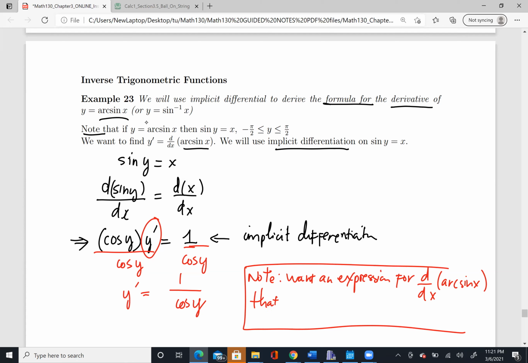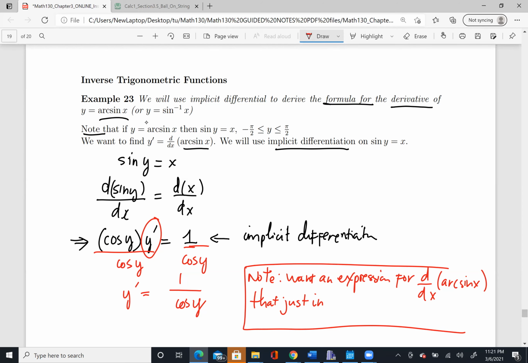That just involves x, not y, right? Not y.